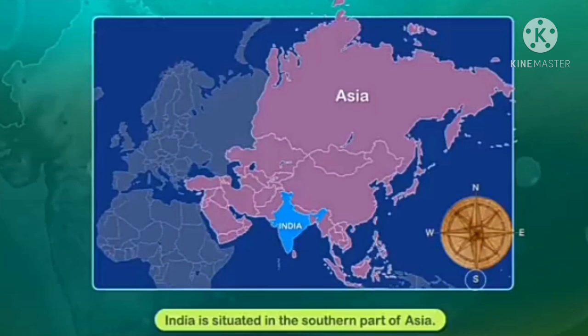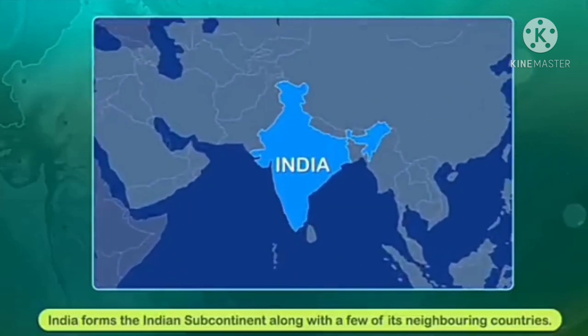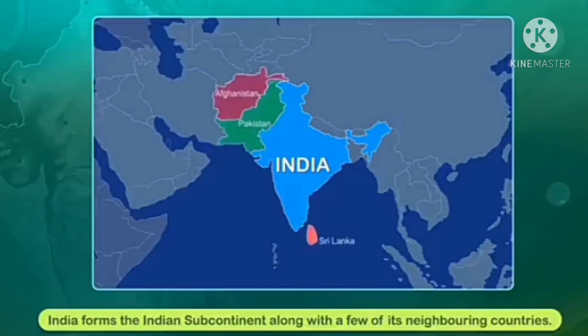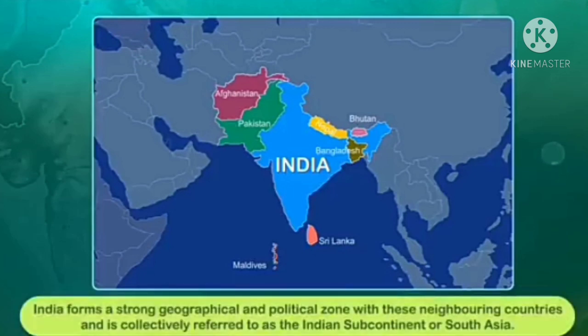A wealth of historic artifacts in India is testament to the rich heritage of the country. India is amongst the top 10 countries in the world in terms of the number of World Heritage Sites. Geographically, India is located in the south central part of the continent of Asia.